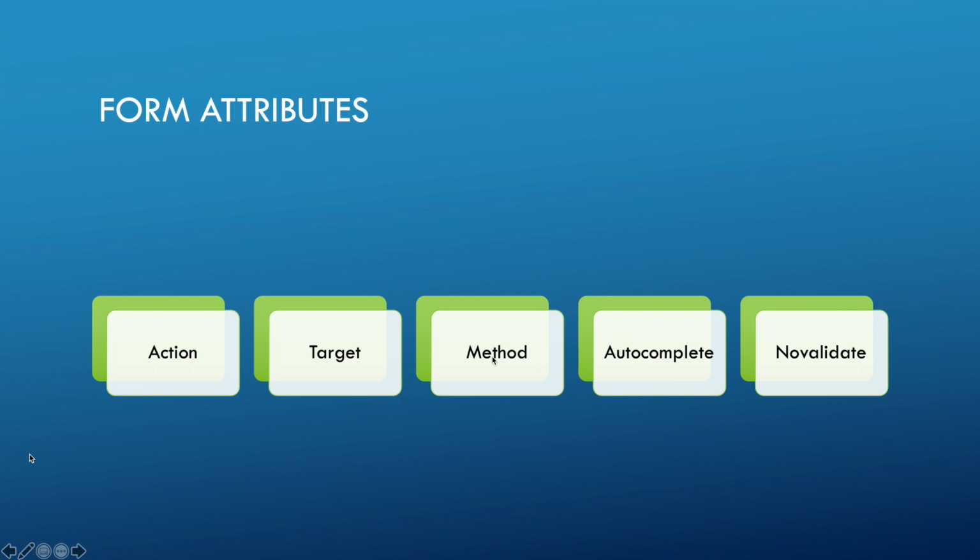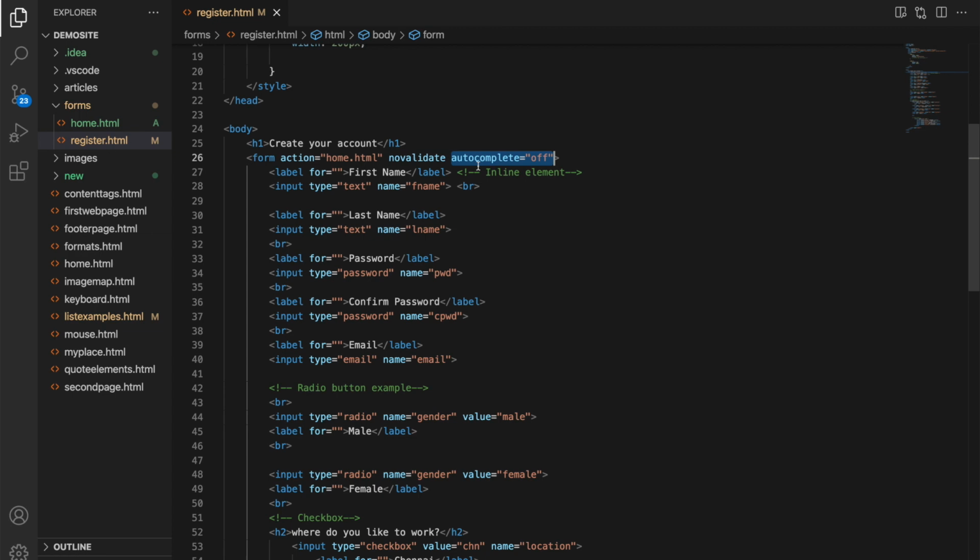Let's understand the other attribute, method. Method is an attribute which requires a key value. Here you are using get and post. By default, when you are not mentioning anything, a form will be considered as a get method.